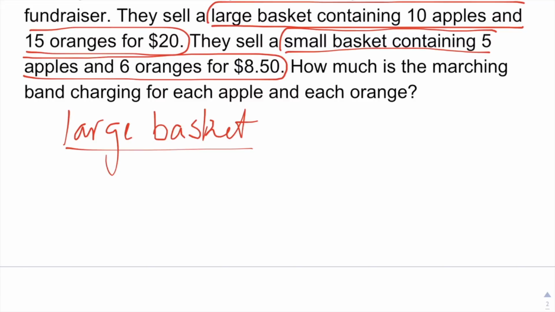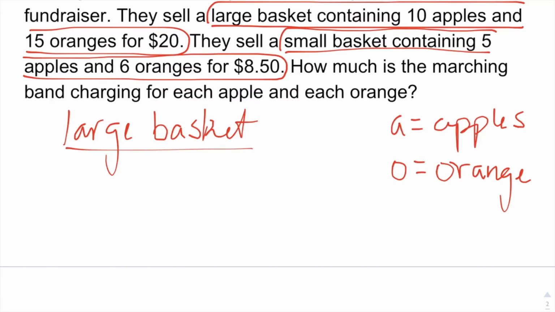So I'm going to use abbreviations. A is for apples. Instead of confusing O for 0, let's just do O. O equals oranges. Okay?